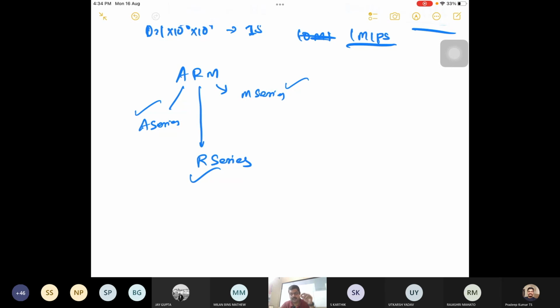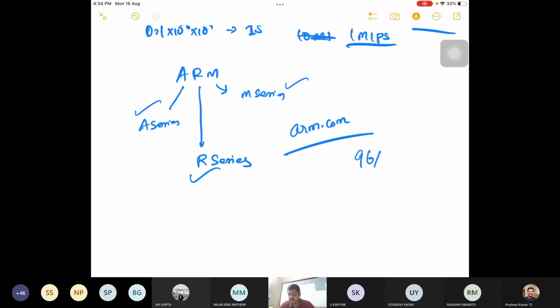So Snapdragon Qualcomm also comes under ARM, and Qualcomm pays royalty to ARM. The entire IP core of the ARM controller is maintained by the company called ARM.